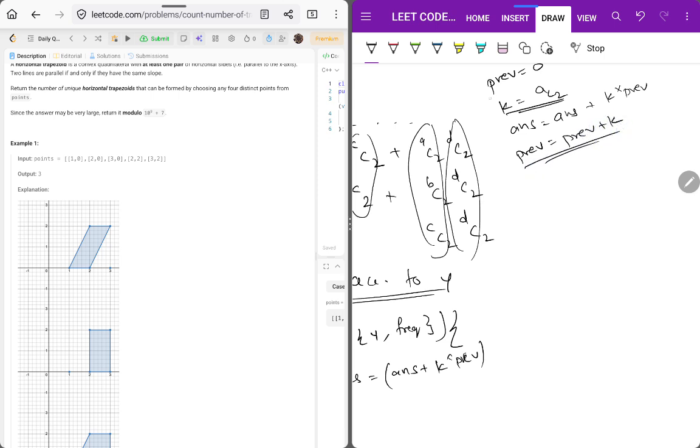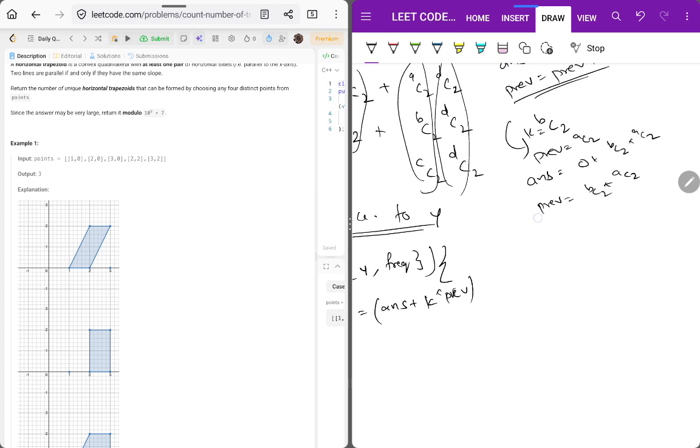So let's try dry running. Answer is 0 over here. k is AC2. So answer is AC2 into 0, which is 0. Previous is AC2. Now we'll have BC2 as k. Previous was AC2, answer was 0, so 0 plus BC2 into AC2. Now previous will become BC2 plus AC2.